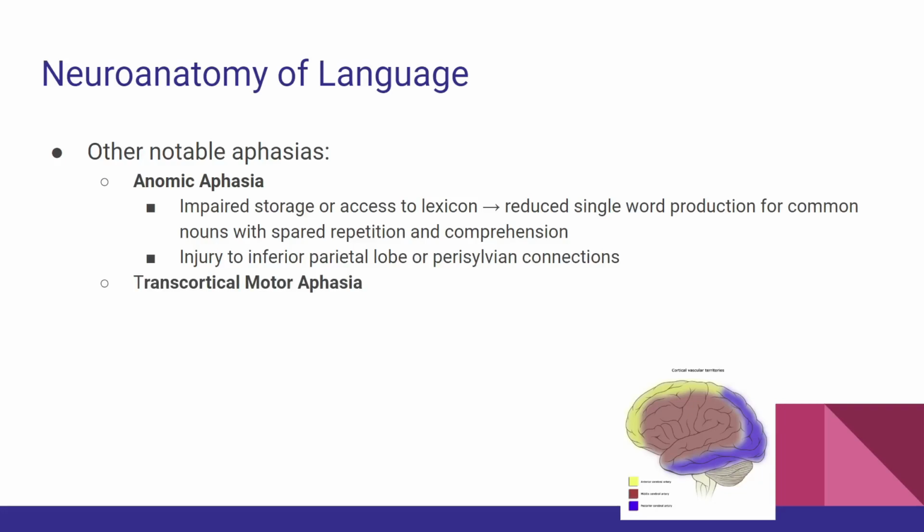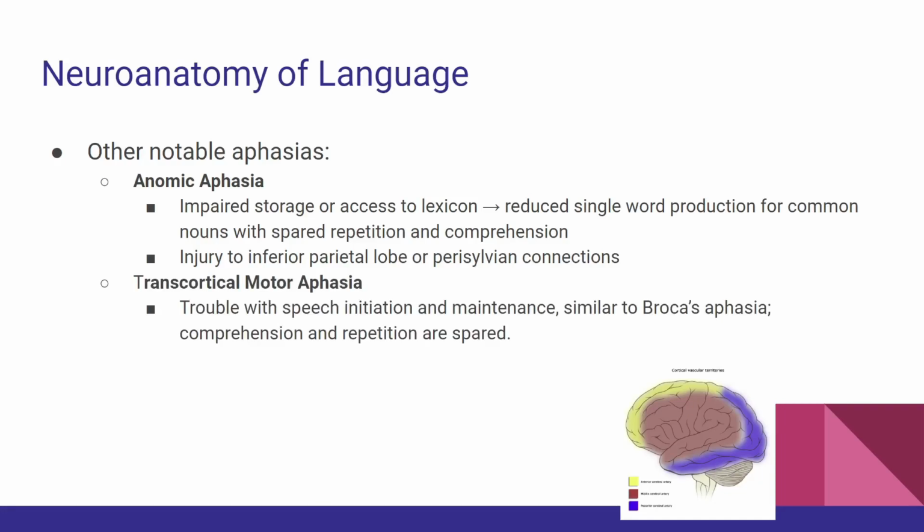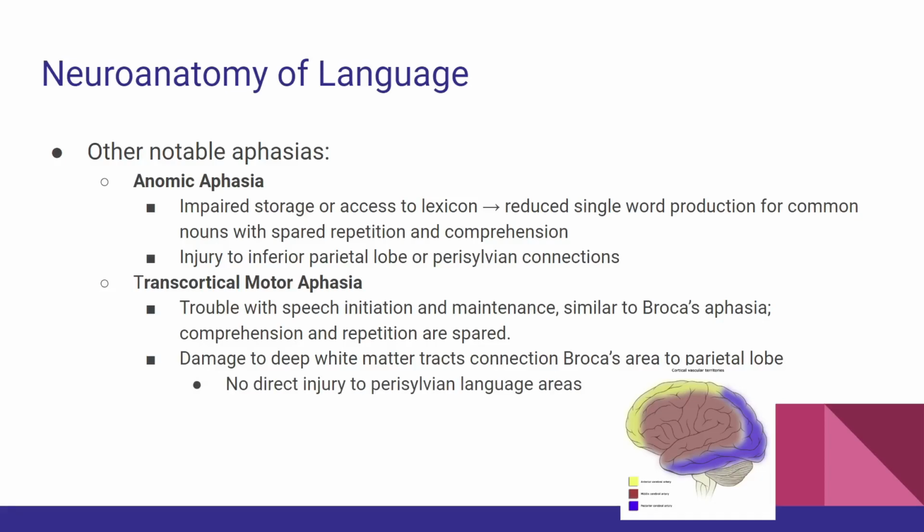There's also transcortical motor aphasia, which results in someone having trouble with speech initiation and maintenance. And it often looks similar to Broca's aphasia, with comprehension and repetition being spared. And this is due to damage in deep white matter tracts that connect Broca's area to the parietal lobe. So there's no direct injury to any of the parasylvian language structures.